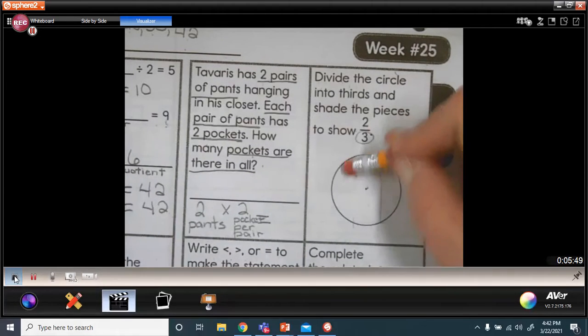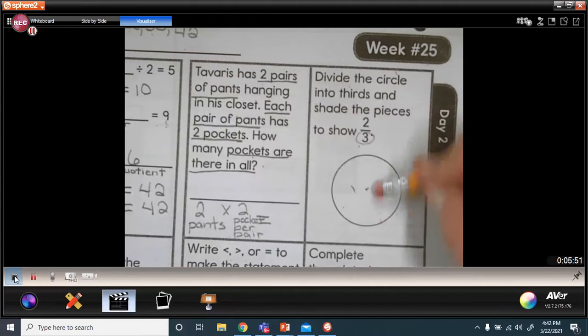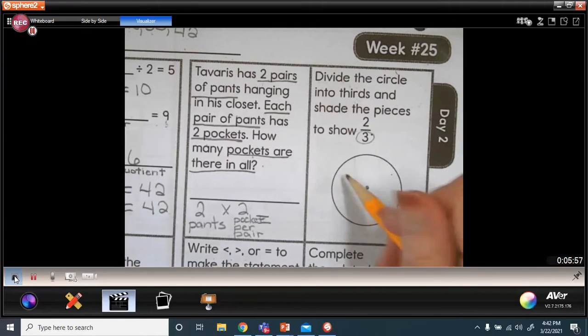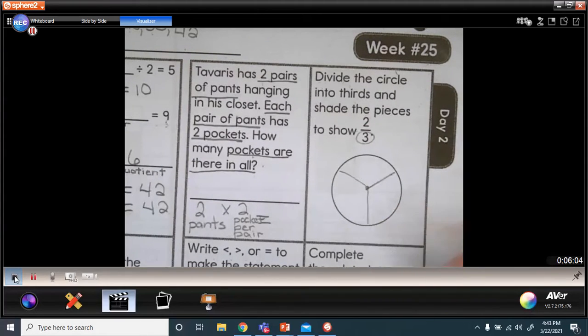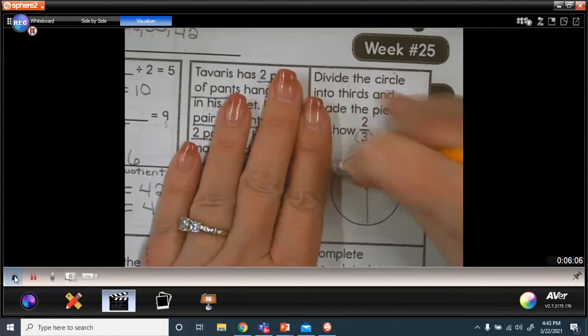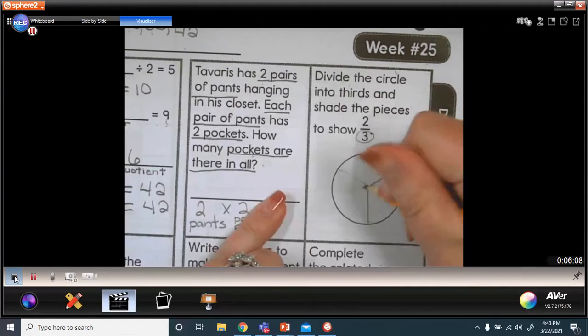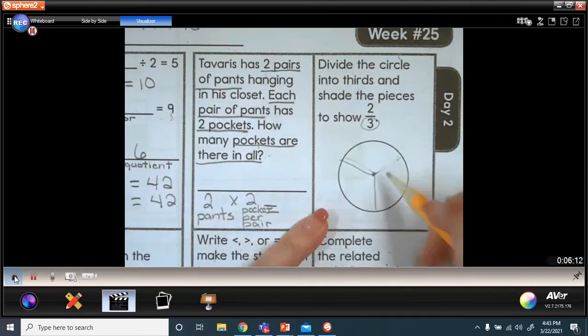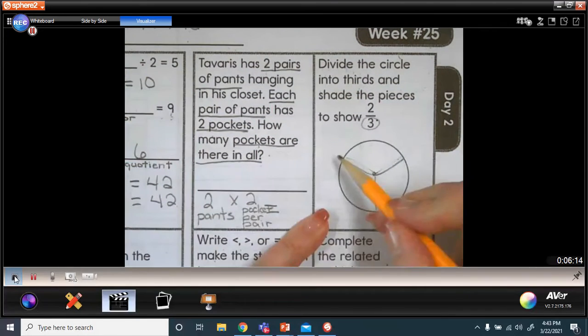So remember, with thirds, and especially circles, we're coming from the center point. There's our center point. And we like to make a wide Y. That's what I like to do to make thirds. So try to make this as even as possible using my wide Y. Does everybody see that Y there?